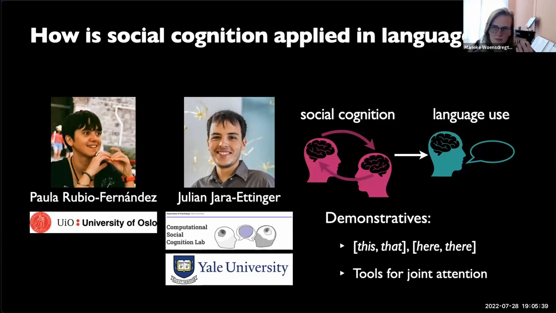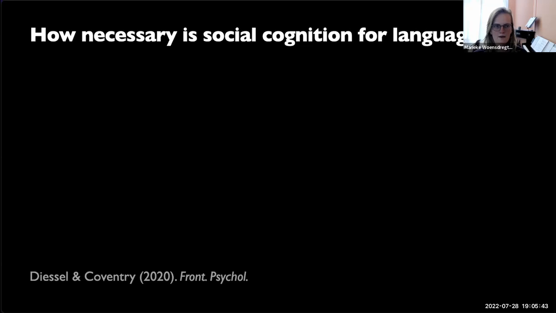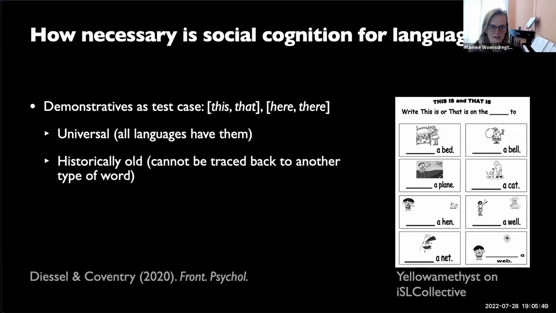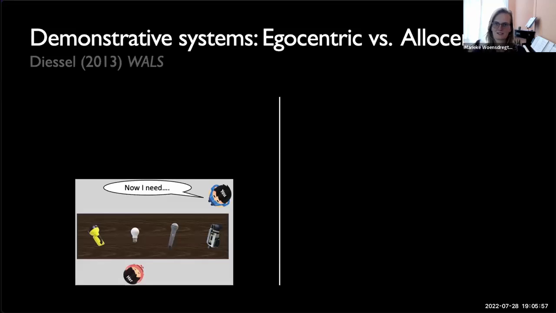Now, why do I say that demonstratives are core features of our grammar? Well, demonstratives are universal in the sense that all languages have them. They are historically old, so they cannot really be traced back to any other type of word, and they are learned early. Now, of course, we are not the first people to notice that there is a social dimension, perhaps, to the use of demonstrative words.